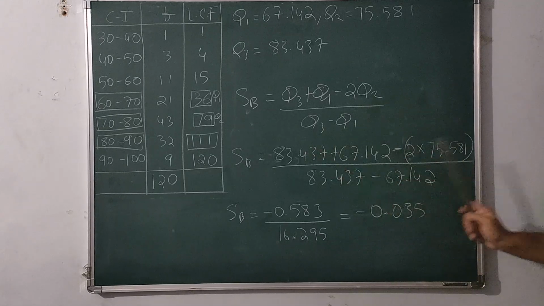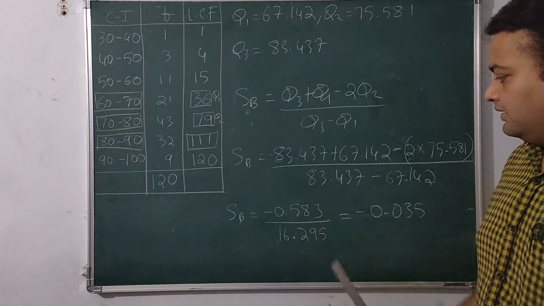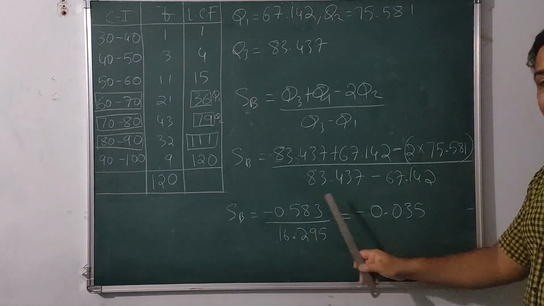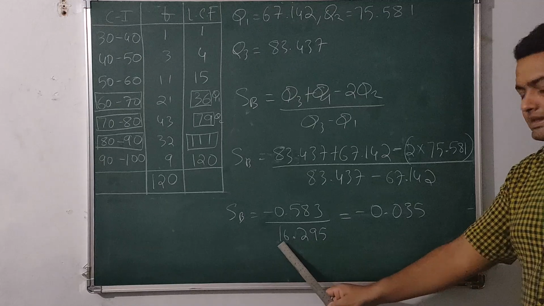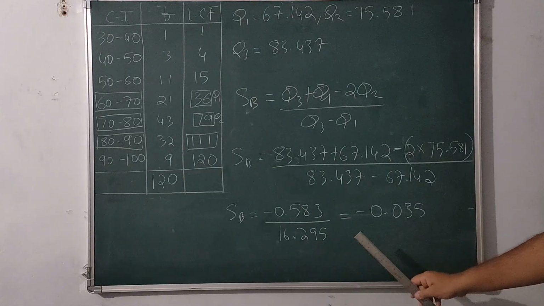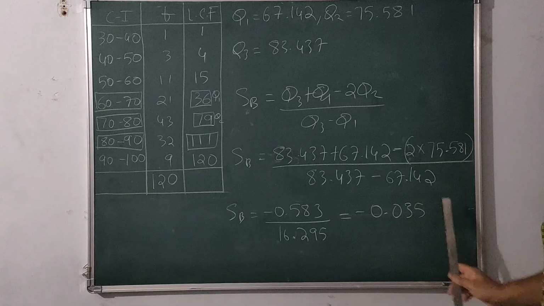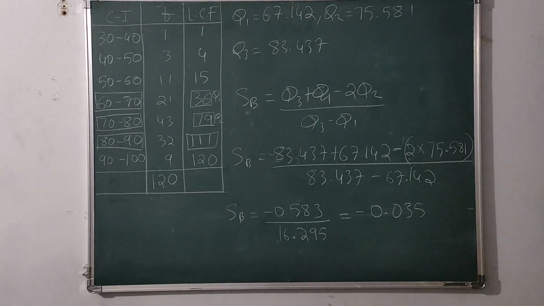So the numerator results in minus 0.583 divided by the denominator, which results in 16.295. So the total answer is minus 0.035. Since the answer is negative here, we conclude that the distribution is negatively skewed.